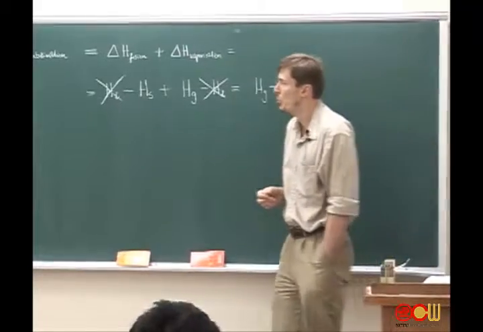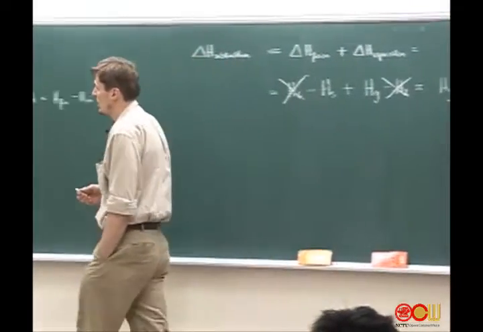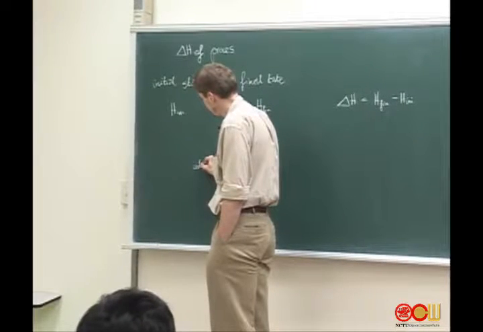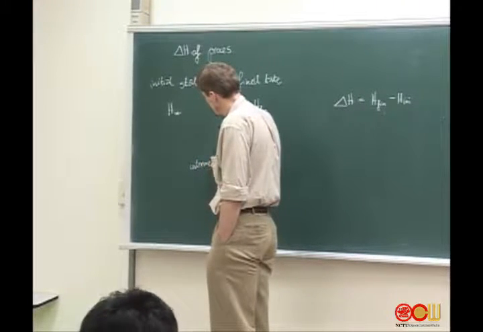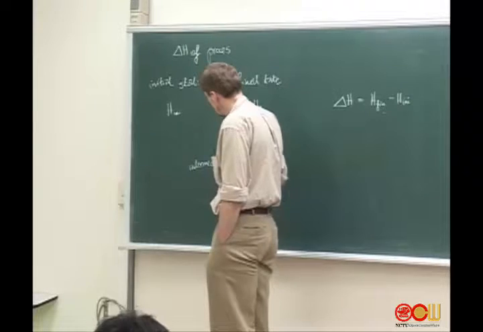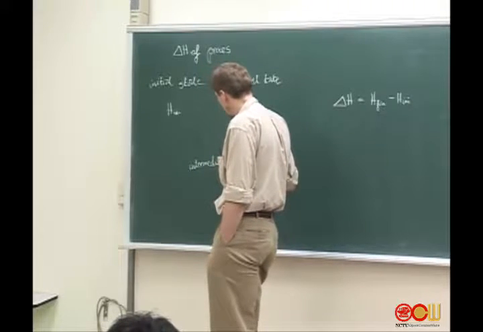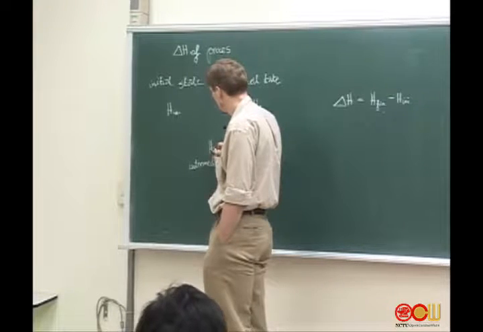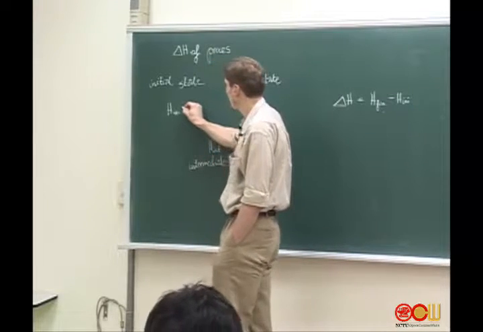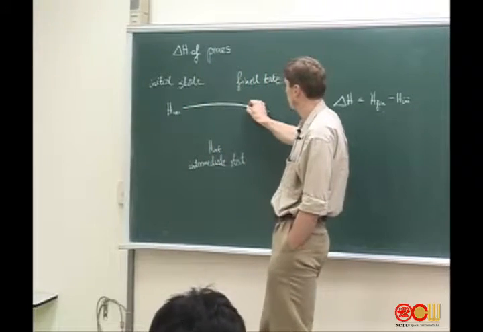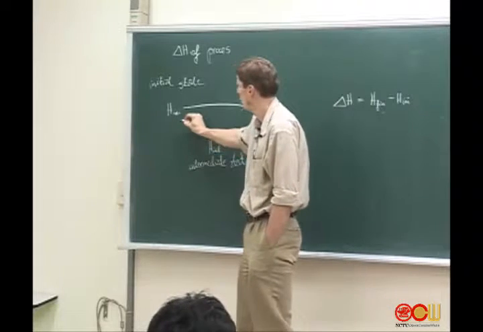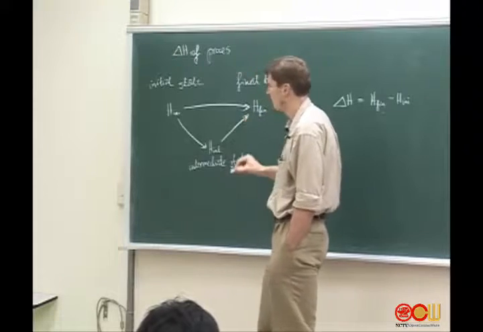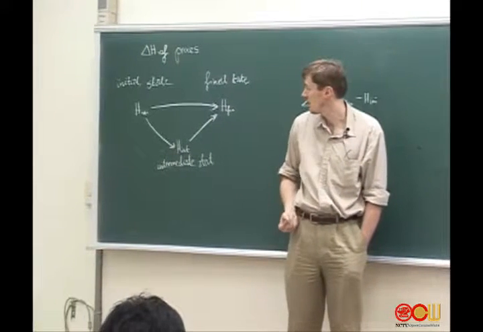So what is important is that there may be some intermediate state, and the reaction or the process can go directly from here to here, or maybe the process goes first here and then here. We don't see it in the final results.